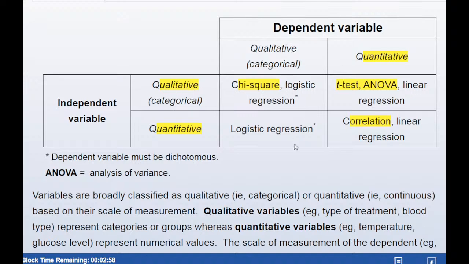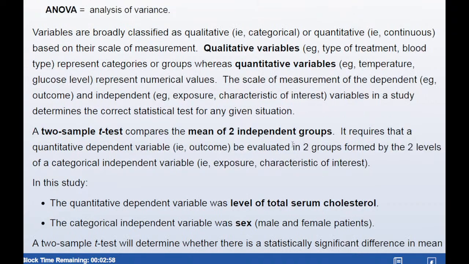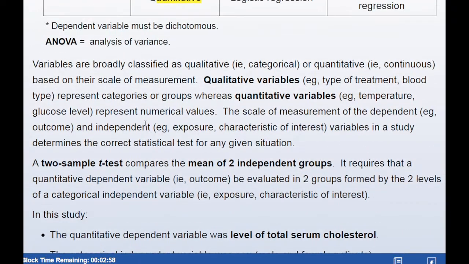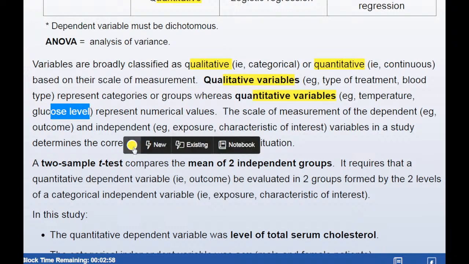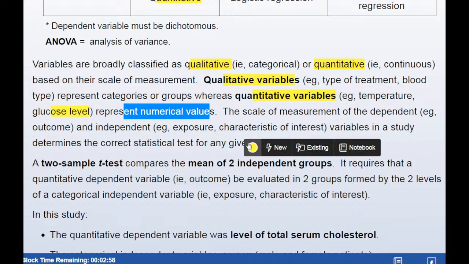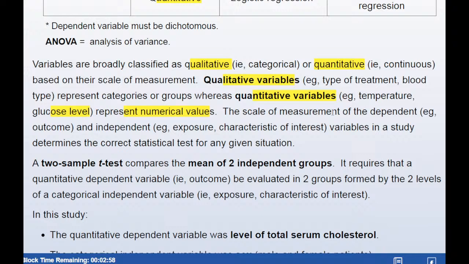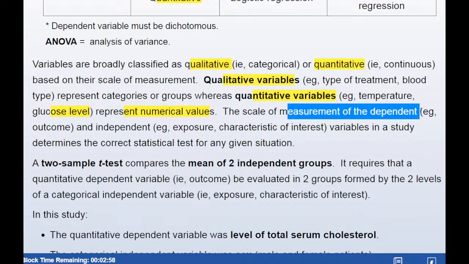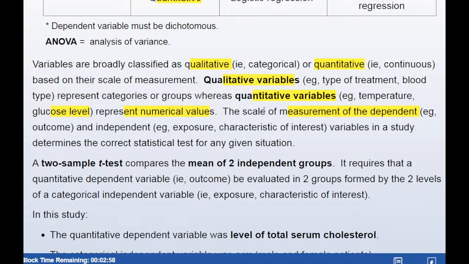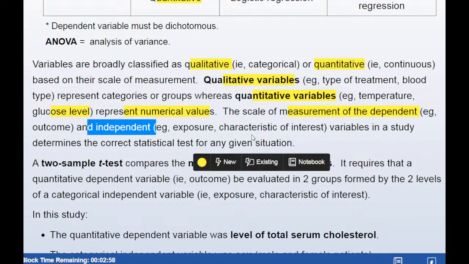Okay, chi square. So let's see what they have to tell us here. Quantitative variables like temperature, glucose levels, cholesterol, represent numerical values. So the scale of measurement of the dependent variable, the outcome, what you're trying to study, and the independent variable.